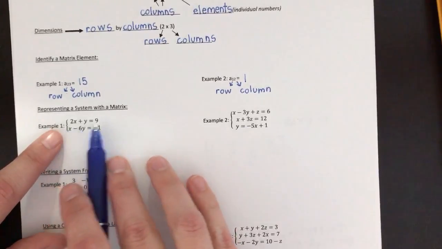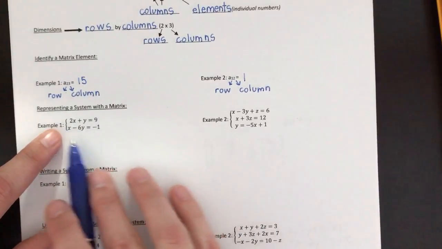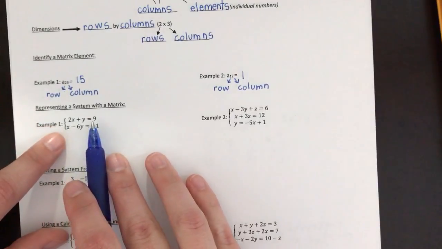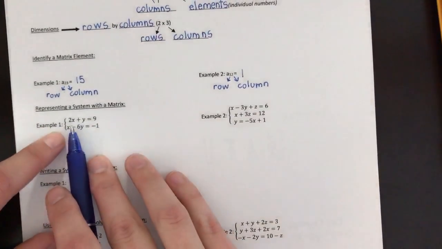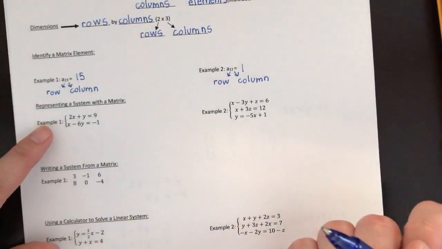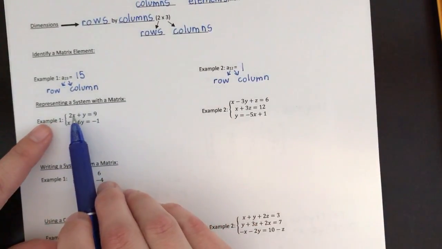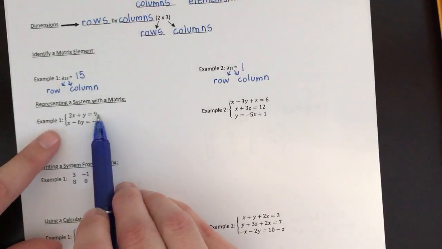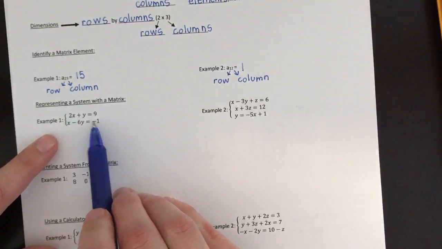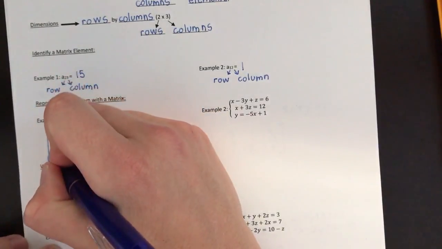Look at this system of equations here, something we've been working with for a little while now. If I want this put in a matrix, I need to, kind of like elimination, make sure that both equations are in standard form. This 2x plus y equals 9 is in standard form. This also is in standard form. Then we can put it in a matrix.